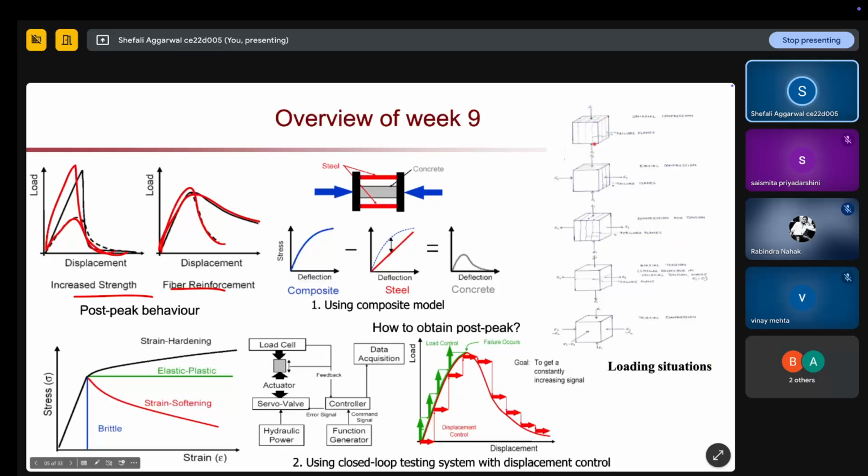Now let us see the different loading situations in our concrete system. First is the uniaxial compression test, in which we provide load from one end, from here to here. Second is biaxial compression. Biaxial compression means providing loading from two ends, like from top and bottom and sideways. Third is compression and tension. In that case two ends will be in compression and two will be in tension.